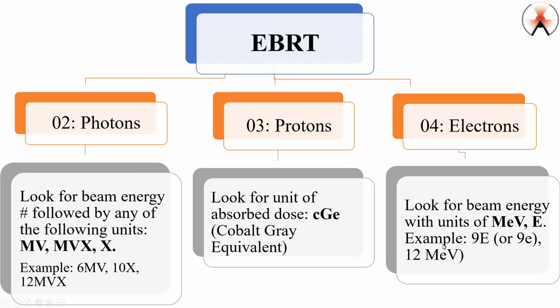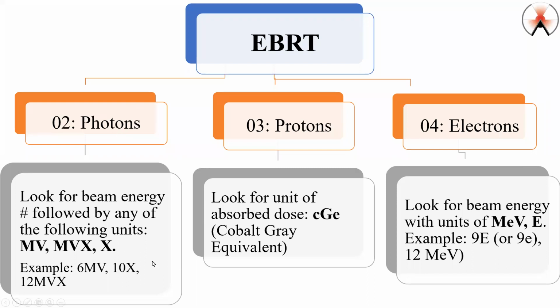This is how these slides are going to be helpful to you. Anytime you look at the treatment summary and they give you the beam energy, if they use these terms, MV, which stands for megavoltage, MVX also stands for megavoltage, X, same thing. All of these are telling you that it is photons, okay?